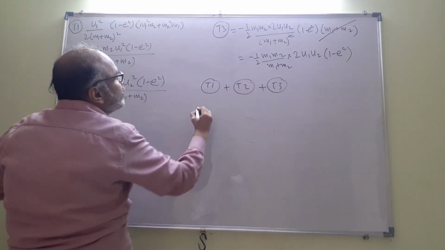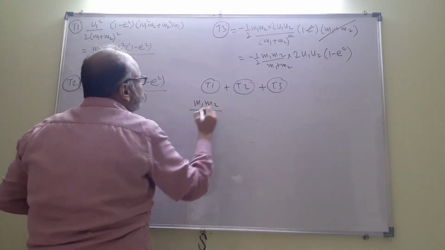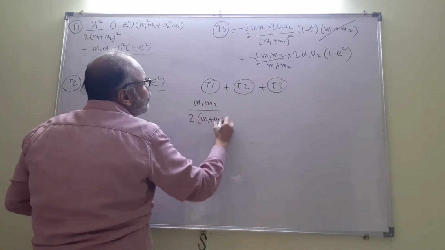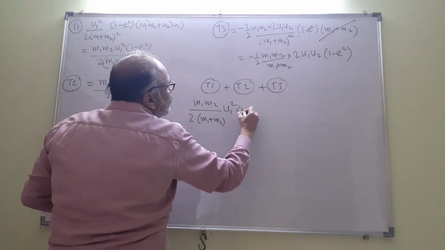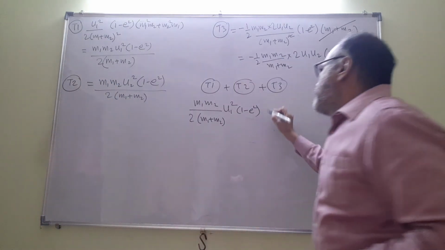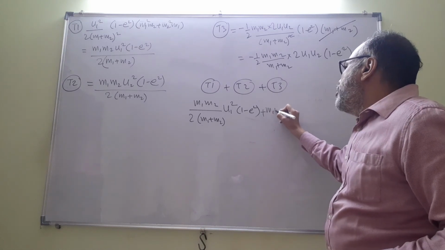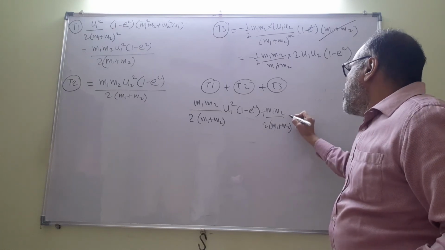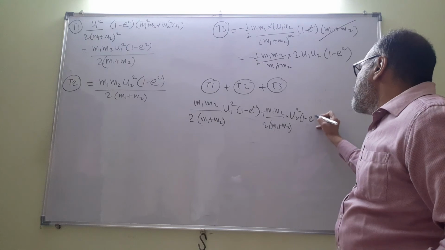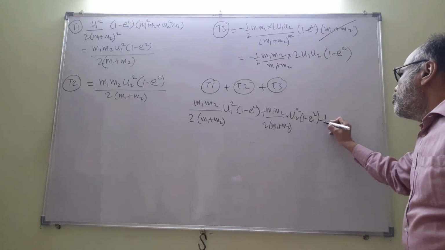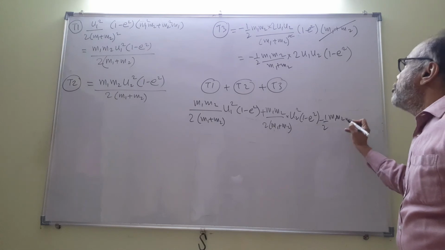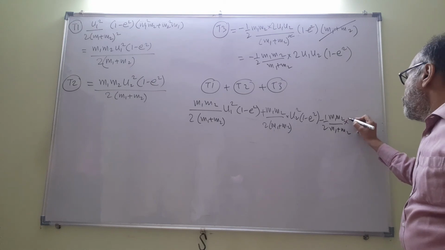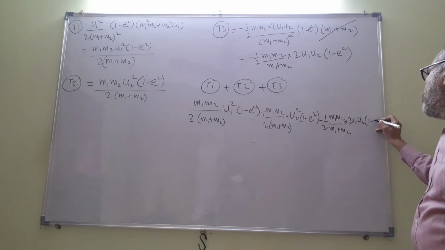So term 1, let's write it: m1 m2 by 2 m1 plus m2 u1 squared into 1 minus e squared. The second term: m1 m2 by 2 into m1 plus m2 into u2 squared into 1 minus e squared. The third term: minus half m1 m2 by m1 plus m2 into 2u1 u2 into 1 minus e squared.